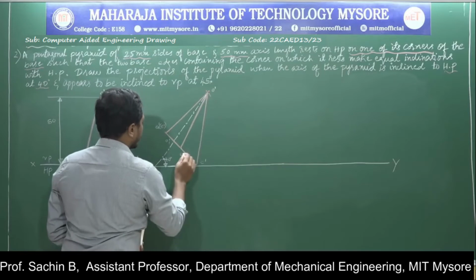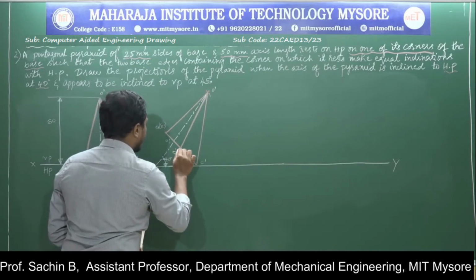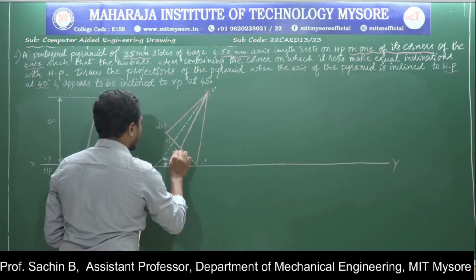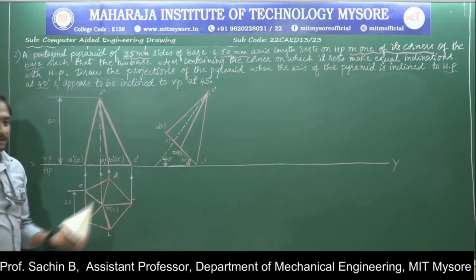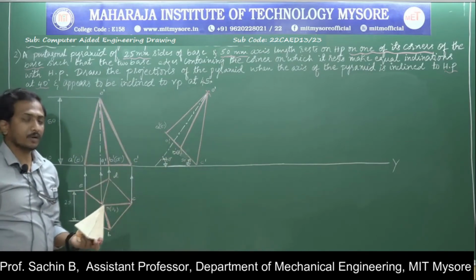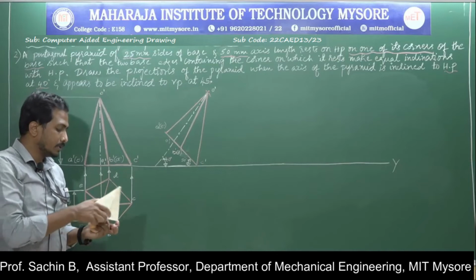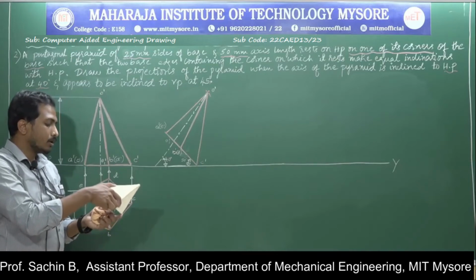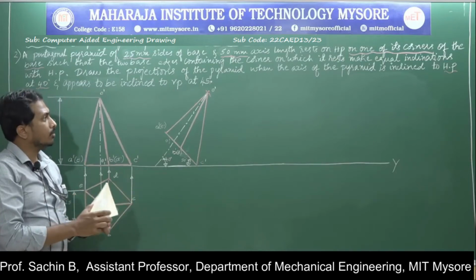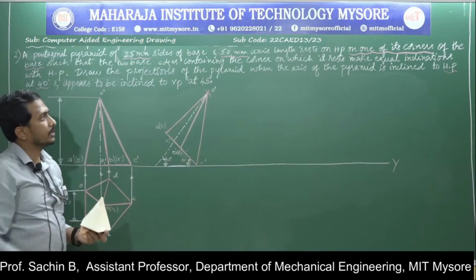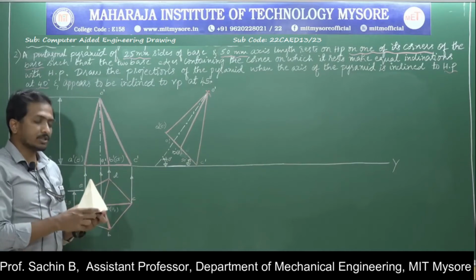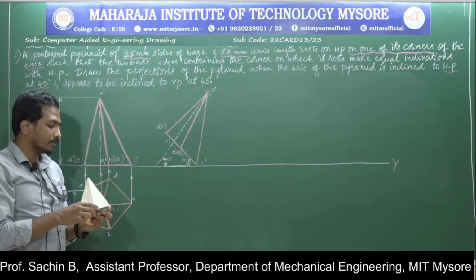This is O dash. This is B dash, comma D dash. Now this is my construction of the front view of the object by tilting the object resting on one of its corners. Now we have proved that the first sentence of the problem means it is resting on one of the corners of the base.